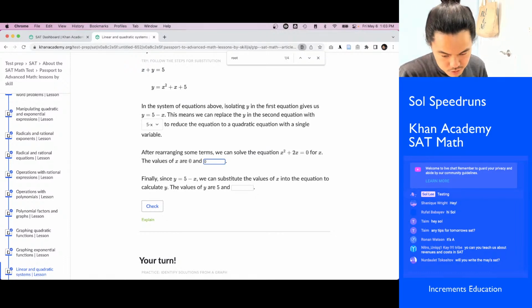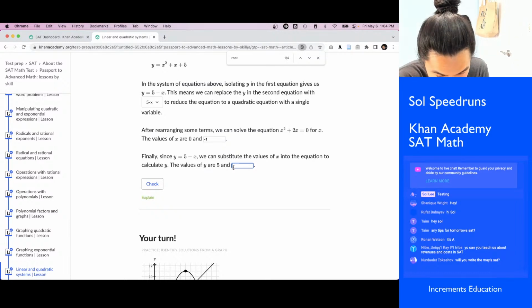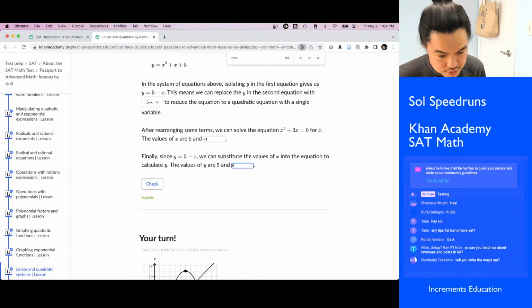Oh, minus 1. 0 and 0, I'm being stupid. Finally, since y is equal to 5 minus x, we can substitute values, and the values of y are 0 and 6. Or 5 and 6, I mean.